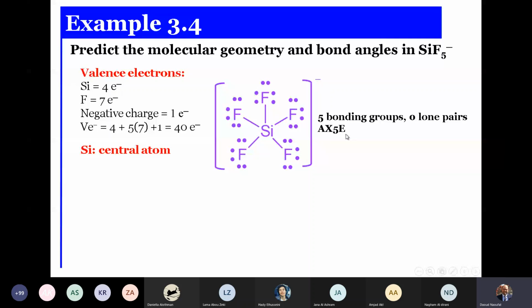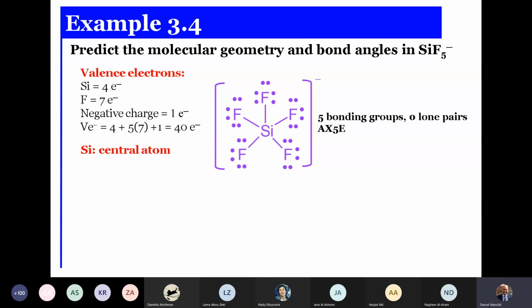So now what is the figure of repulsion of AX5E0? The figure of repulsion is one of the 6 arrangements: linear, trigonal planar, tetrahedral, trigonal bipyramid, or octahedral.